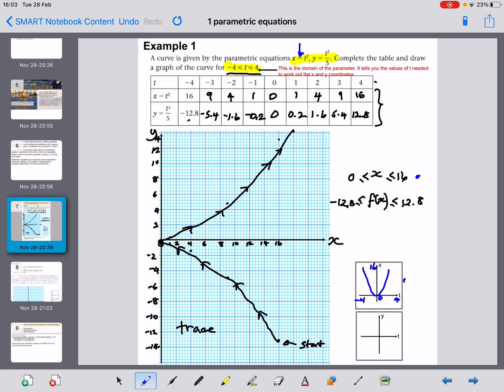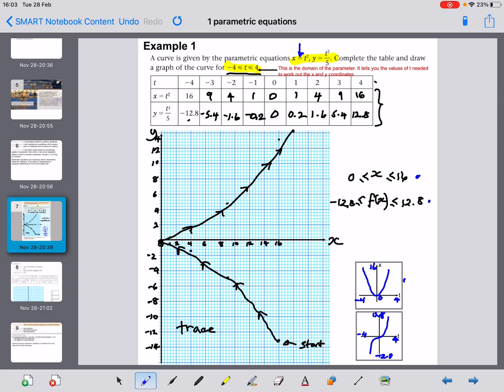Now if I consider y equals t cubed over 5, so if you think about what y equals x cubed over 5 would look like, that would look like that, because it's just a stretch of the x cubed graph. So for -4 to 4, so that is the domain of the parameter, the y value is going from -12.8 to 12.8.